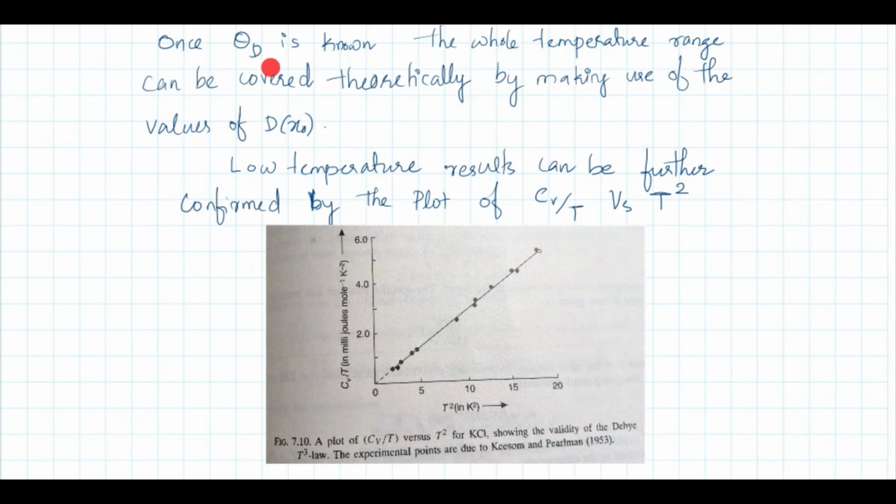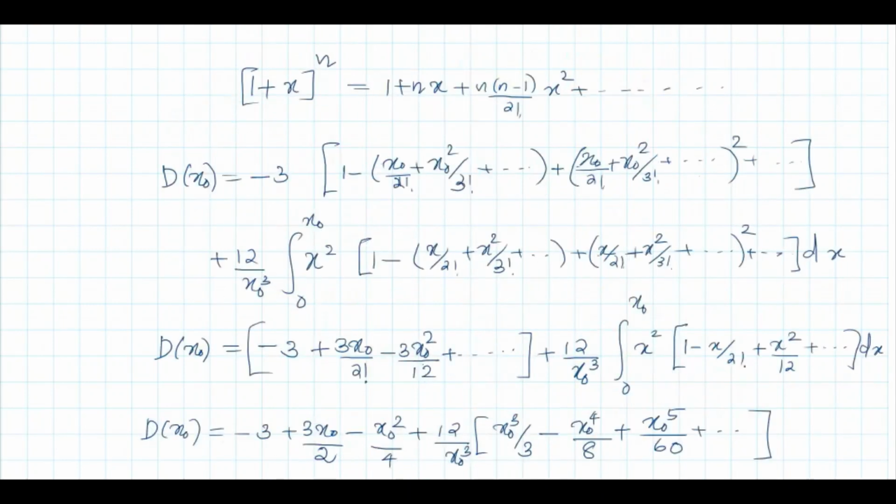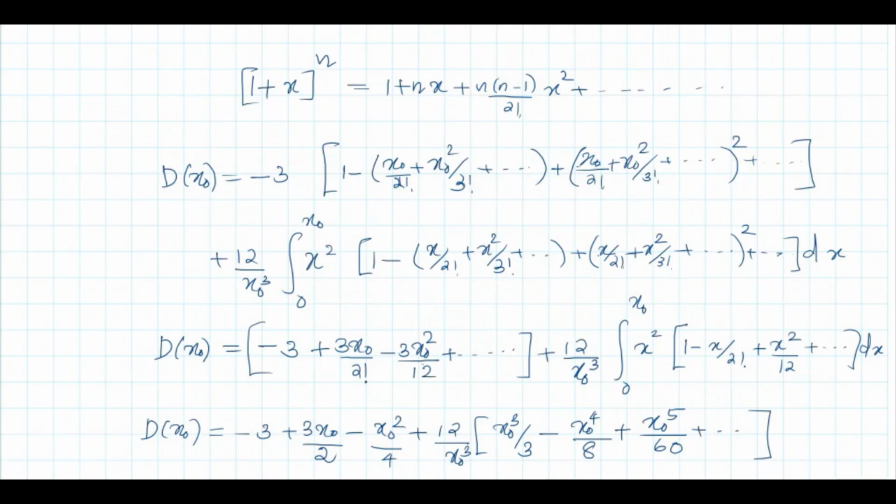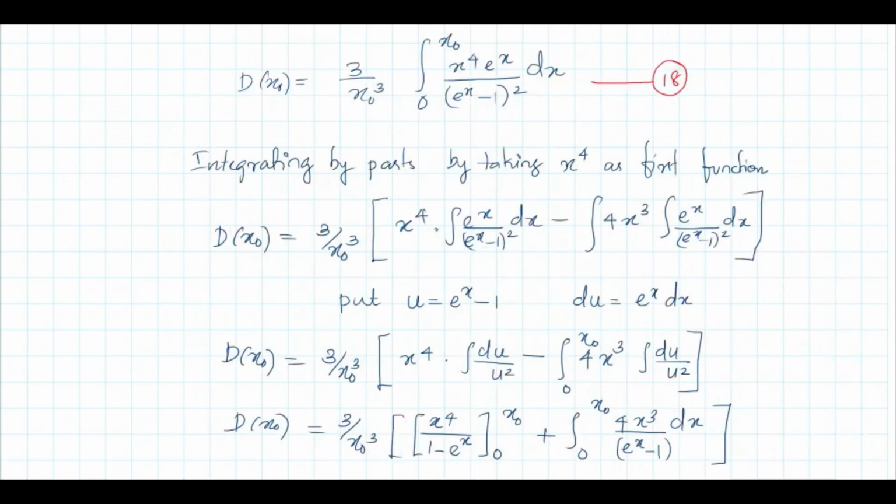Now, once theta D, the Debye temperature, is known, the whole temperature range can be covered theoretically by making use of the values of D of x naught. Because here we discussed only two special cases: one is T tends to infinity, the other is T tends to 0. What about the in-between values? For calculating the in-between values, you have to calculate D of x naught, for which you have to find x naught.